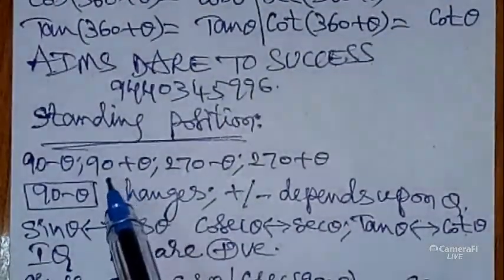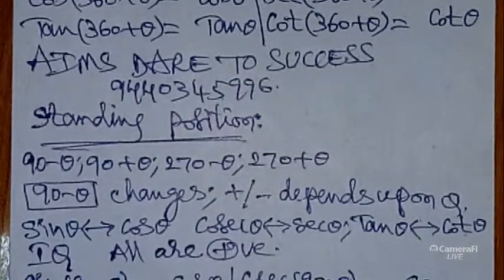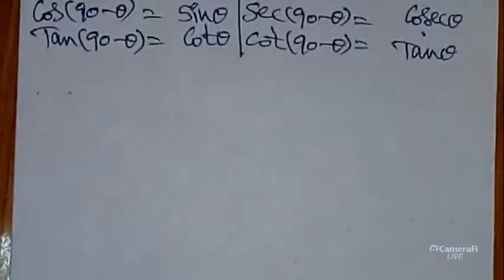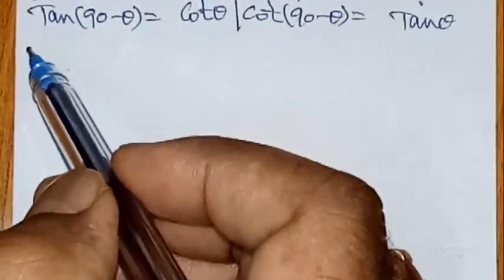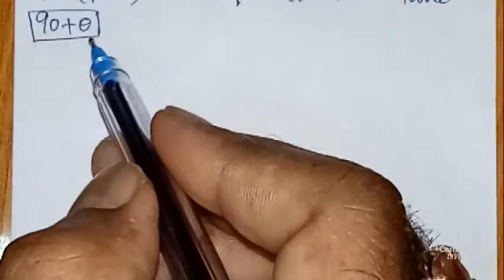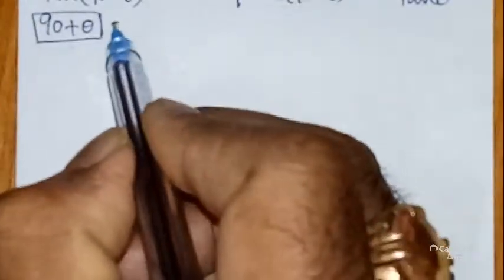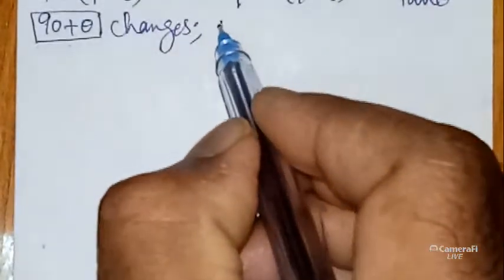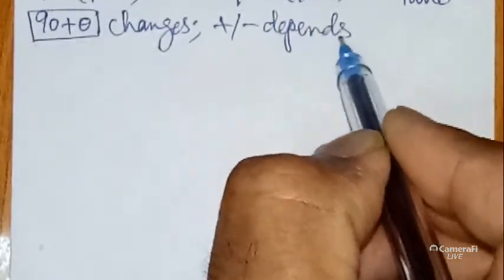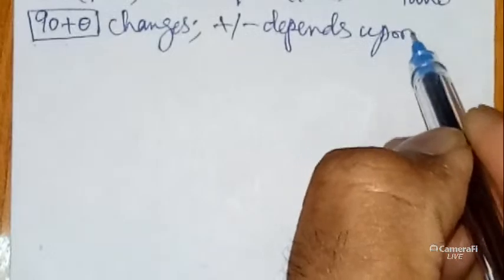Now after completing 90 minus theta, we wanted to explain you 90 plus theta. So I wanted to write here, my dear students, 90 plus theta related values. It is also related to standing position. Standing position means changes are there like previous. So changes are there, and plus or minus depends upon their quadrant.